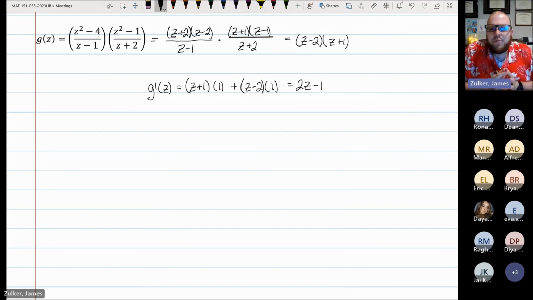What we could also do here, right, is we could treat this as a product rule. But then we're going to take the derivative of a term, right? Each of those individual derivatives is going to involve a quotient rule.